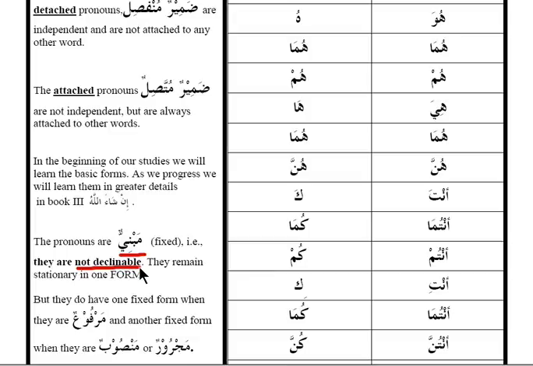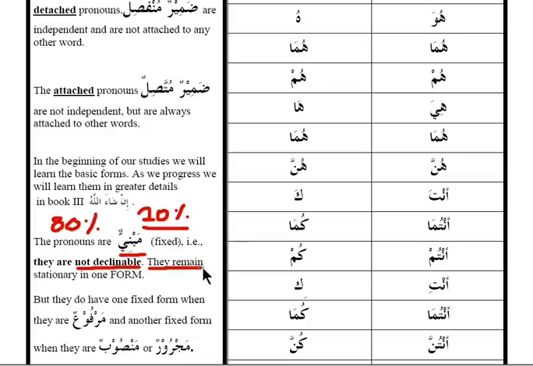Dun, dan, and din. That actually refers to probably about 80% of nouns that are like that. And the other 20% are actually mabniyun. So the pronouns are actually mabniyun in this group here, the 20%.